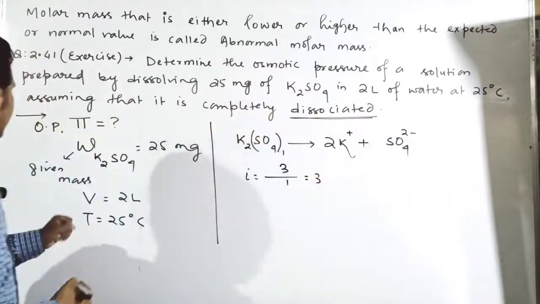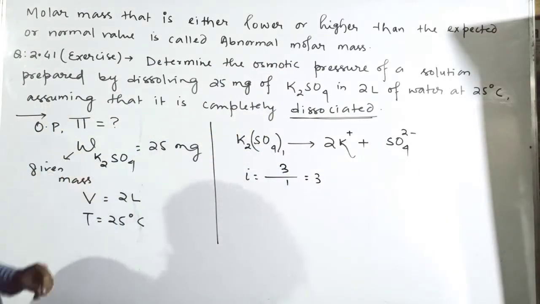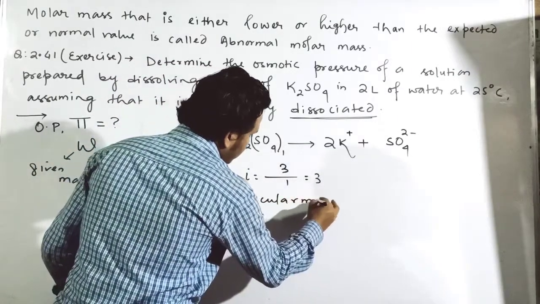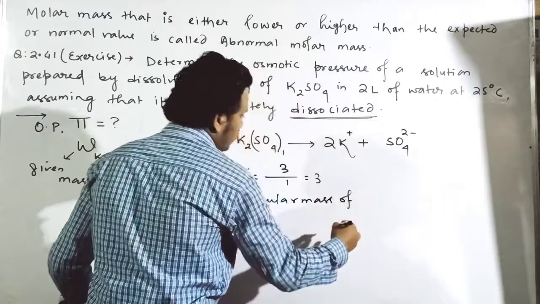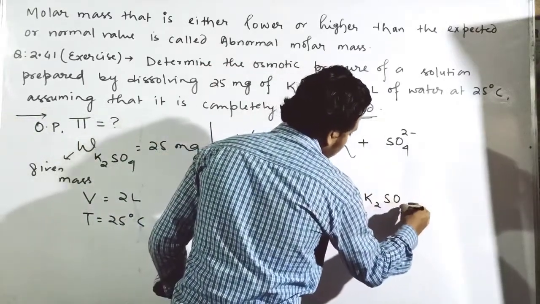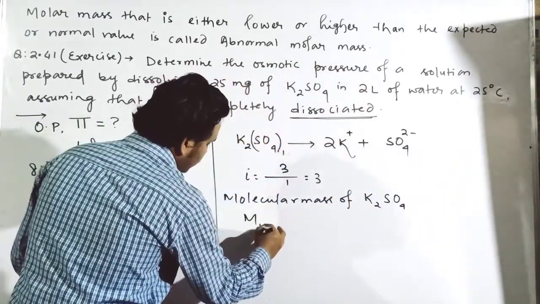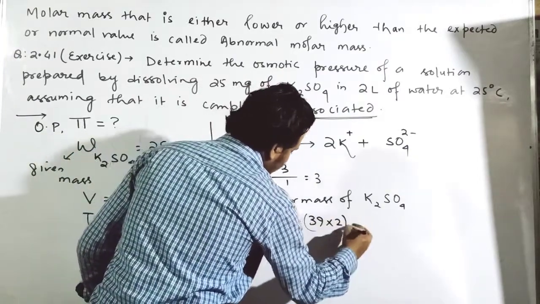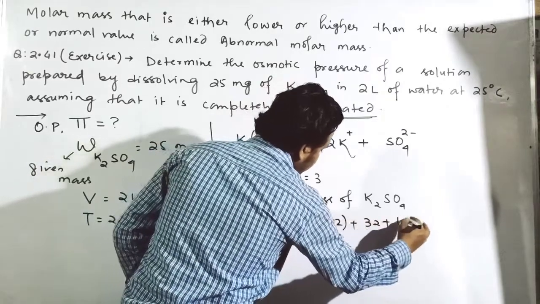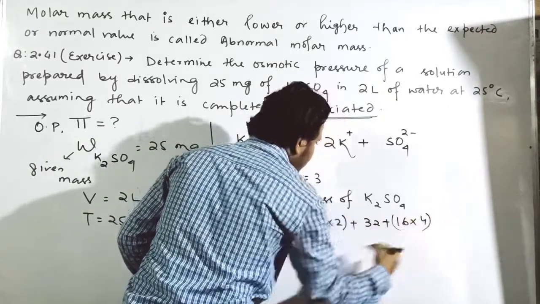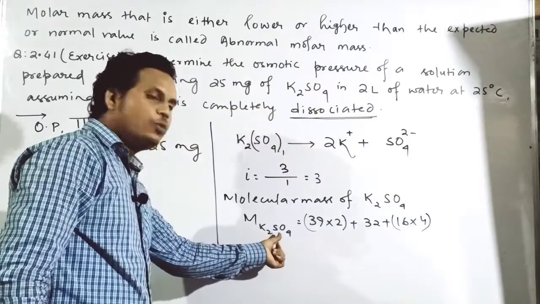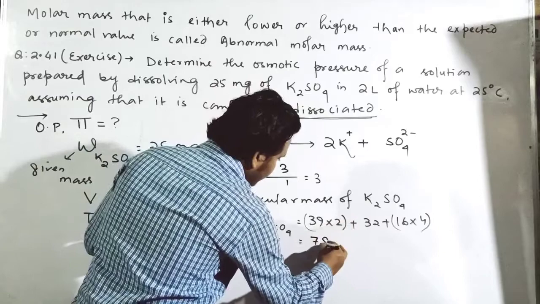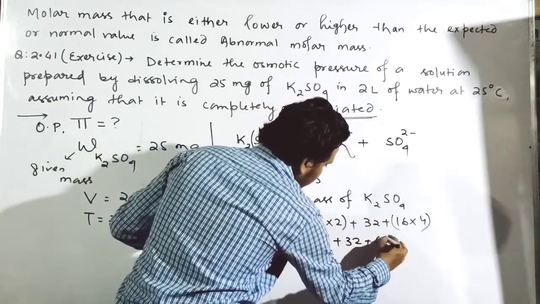Again we want the molecular mass. So the molecular mass of K2SO4 will be how much? Potassium 39, 2 times is there, plus sulfur 32, plus oxygen 16, 4 times is there. 39 into 2 is 78, plus 32, 16 into 4 is 64.